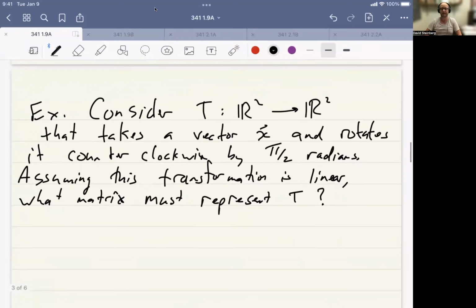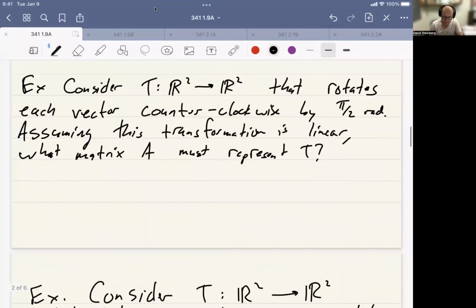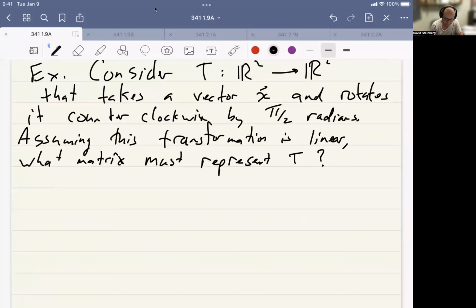Okay, consider this matrix. It rotates by pi over 2 radians. Assuming the transformation is linear, what matrix must represent T? Yeah, so theorem 10 says, remember this theorem? Theorem 10, good. Theorem 10 says, here's our solution. It says as soon as we know where the vectors 1, 0, and 0, 1 go, we've captured all of the complexity of the linear transformation.